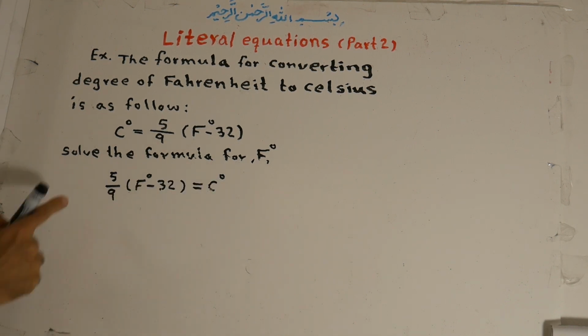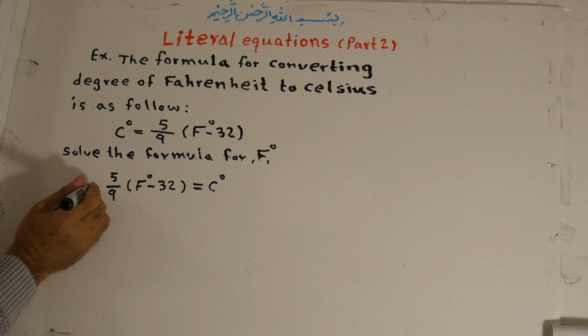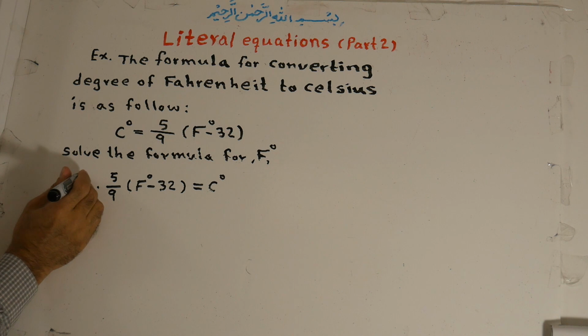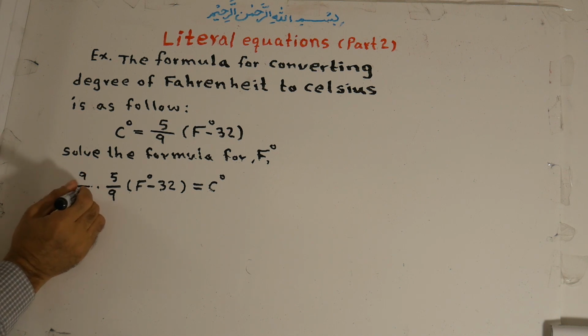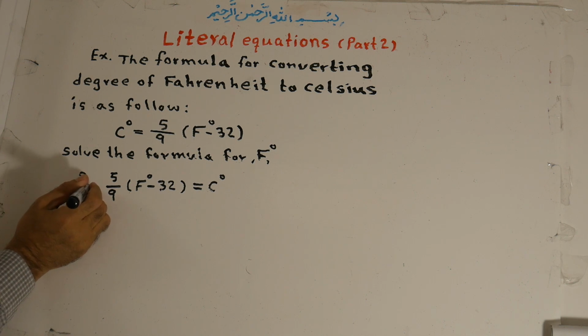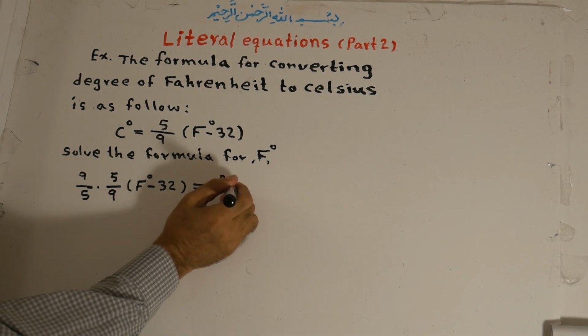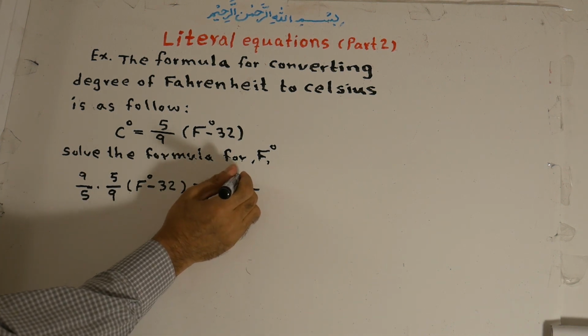To remove 5/9 from this side, we multiply by 9/5, because to not change the equation, both sides should be multiplied by the same amount.